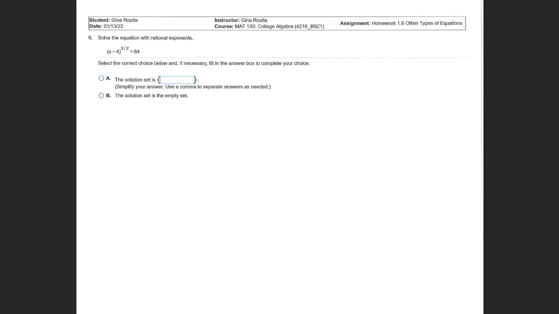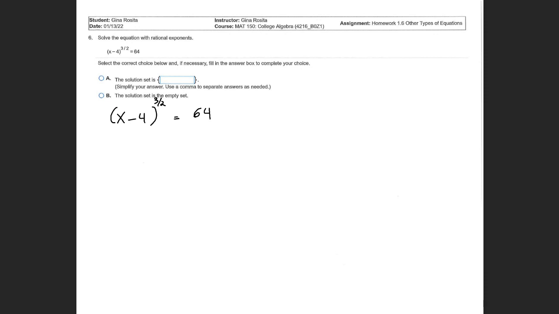Solve the equation with rational exponent. So same, write x minus 4 to the power 3 over 2 equals 64. Our goal is to find x.